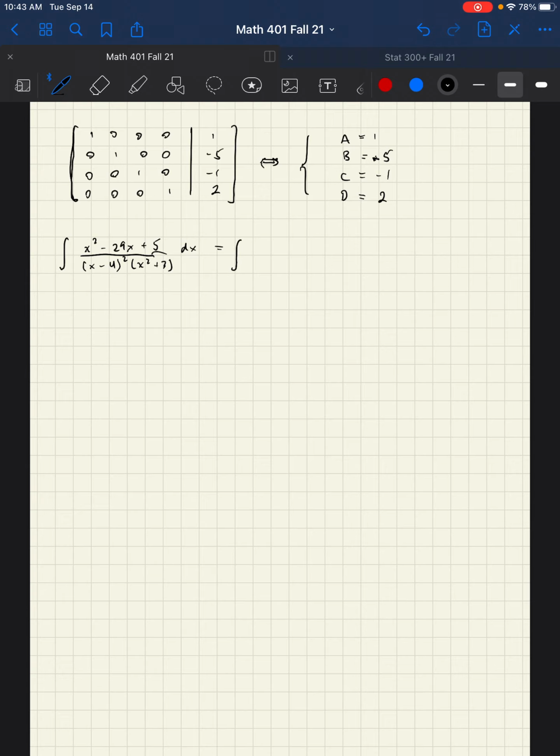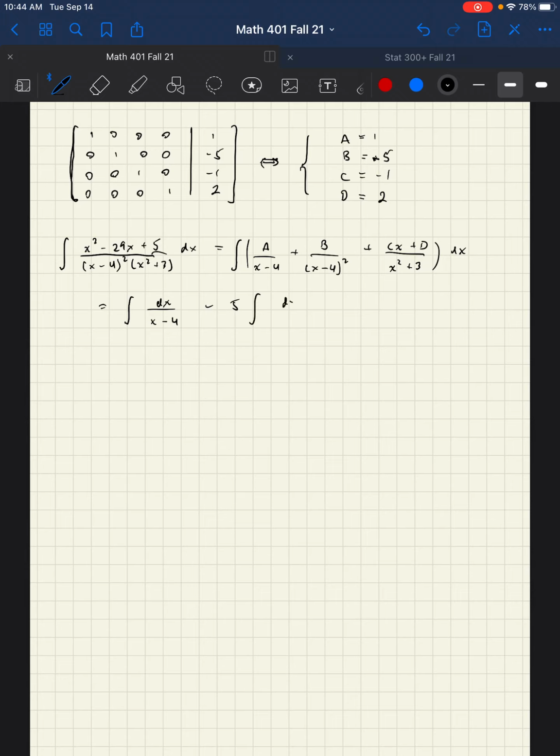What we were converting that into was a over x minus 4 plus b over x minus 4 squared plus cx plus d over x squared plus 3 dx. Okay. So this will reduce, and we can pull out the a and the b. A is just 1, so that's not a problem. So integral of 1 over x minus 4 dx. I'll just write that as dx over x minus 4.